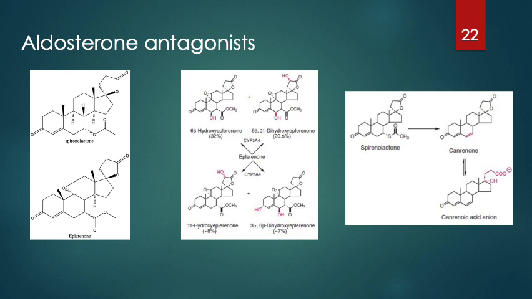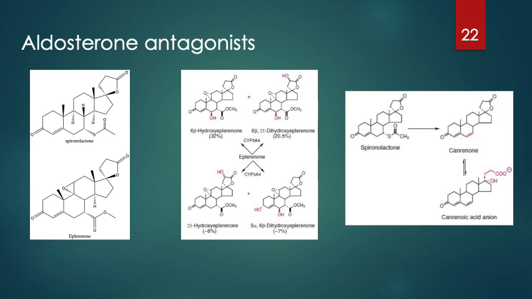Now, spironolactone is metabolized to its active metabolite, canrenone, which is this structure listed here. It exists in equilibrium with its salt form, canrenoic acid.